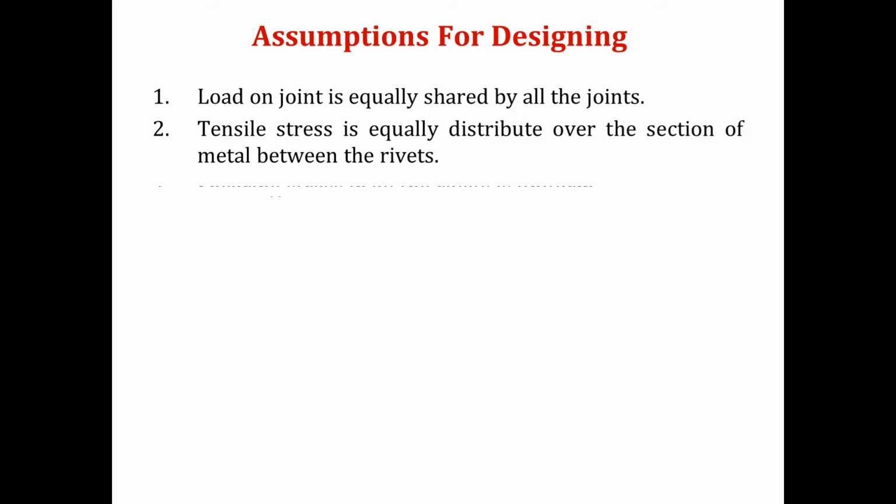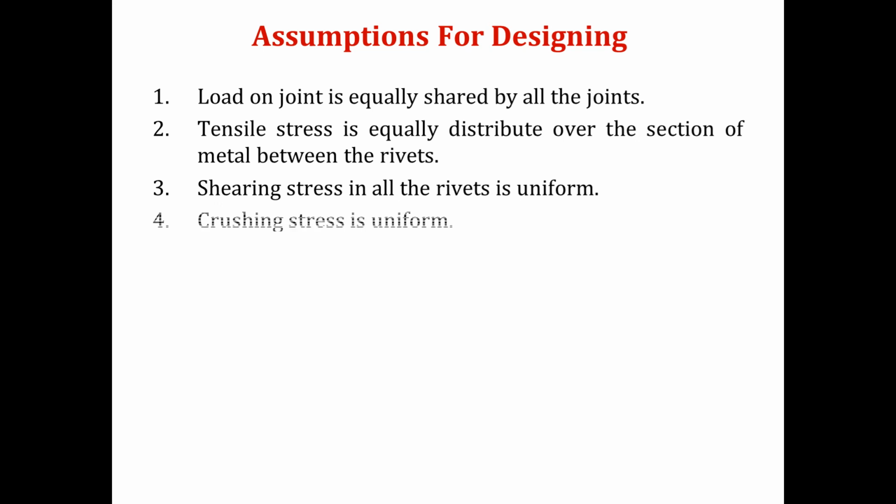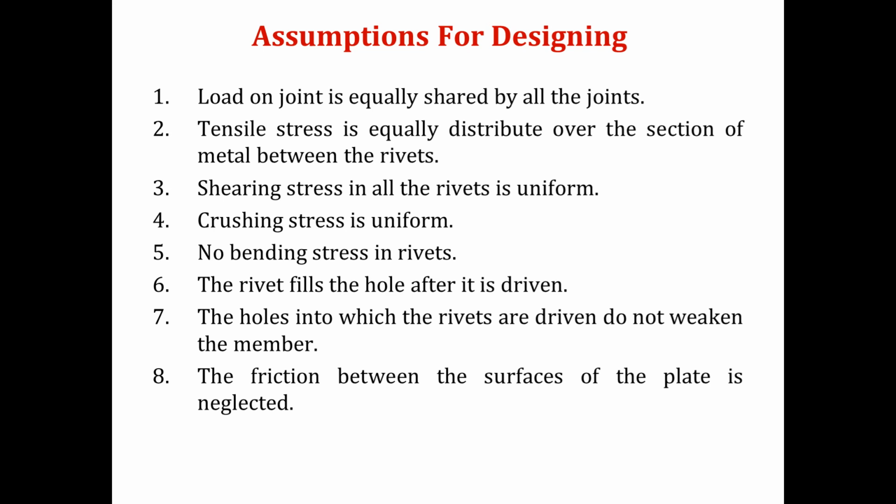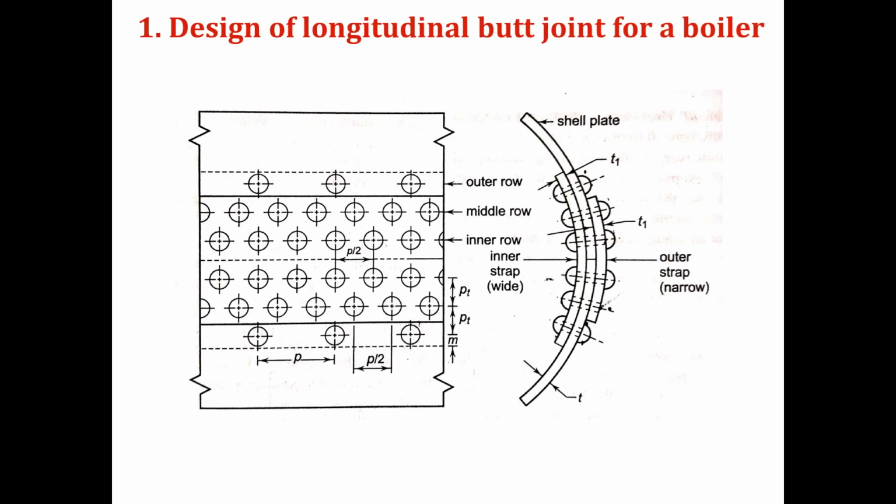These assumptions are given in the book. You may go through them; I am not discussing them in detail. These are the 8 assumptions you have to keep in mind while designing the longitudinal butt joint for the boiler. So let us design the longitudinal butt joint for a boiler.